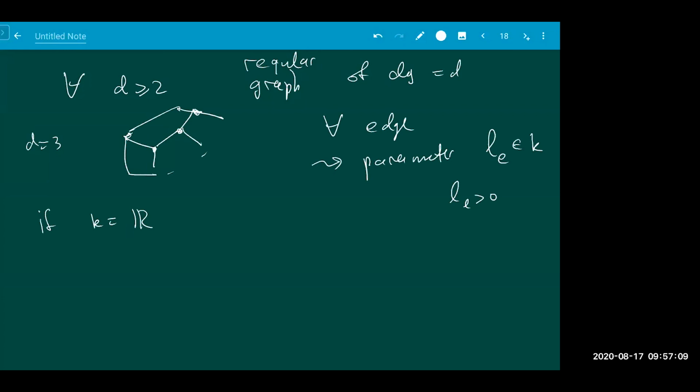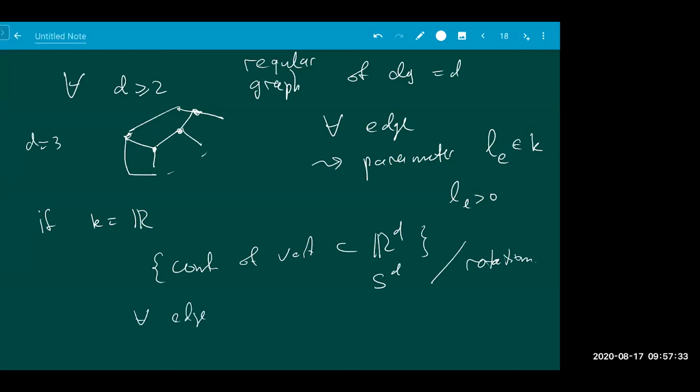Now consider the space of configurations of the graph, with vertices sitting in R^D or the sphere of dimension D, modulo the rotation group, or for Euclidean space the Euclidean group, such that each edge has a given length.